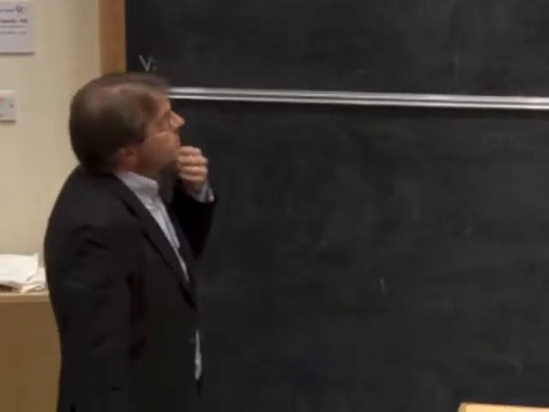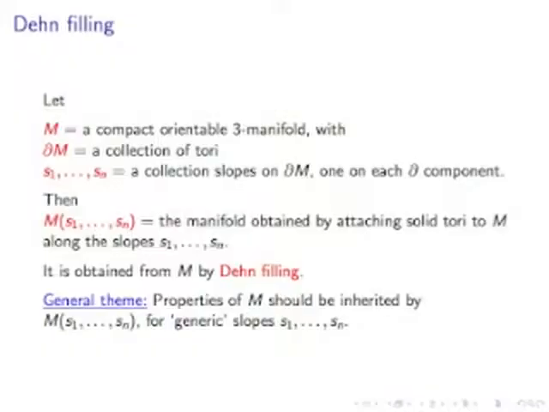There's a generalization of Dehn surgery called Dehn filling. Here you start with not necessarily a knot or link, but just an arbitrary compact orientable three-manifold M, with the property that its boundary is a collection of tori.